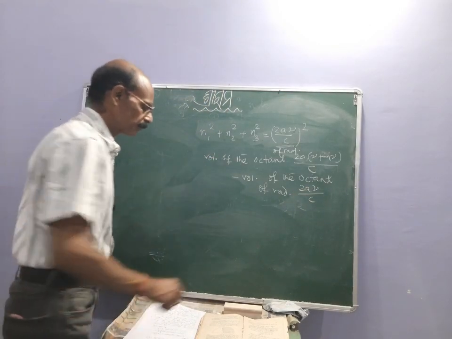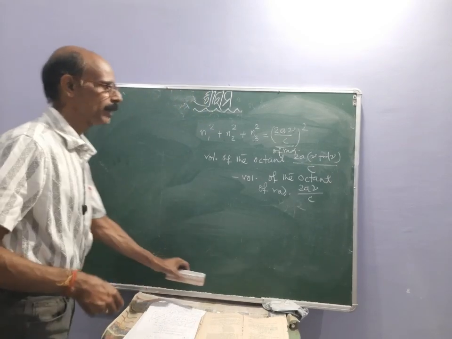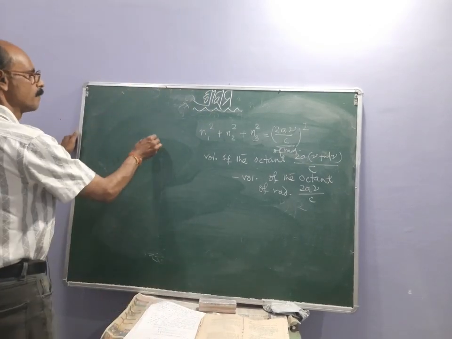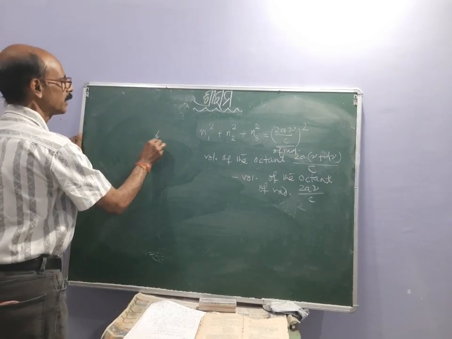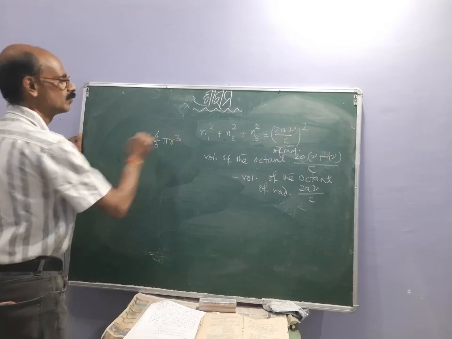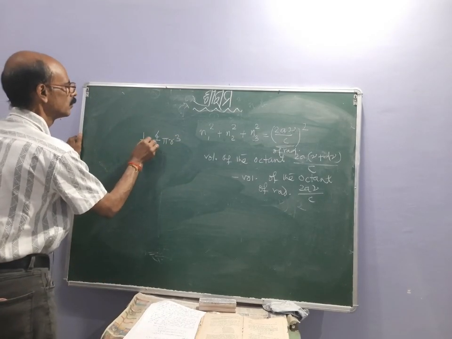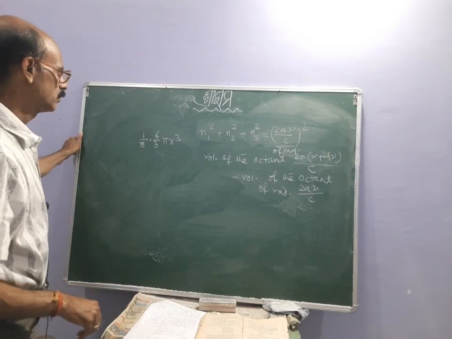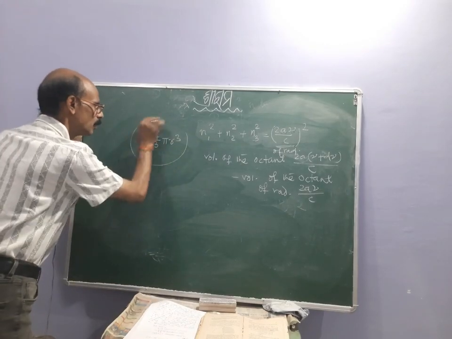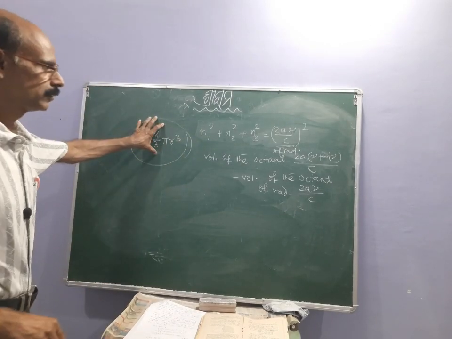But what is the formula for the volume of a sphere? 4/3 πr³. For an octant it will be 1/8 of this, so this is the volume of the octant.